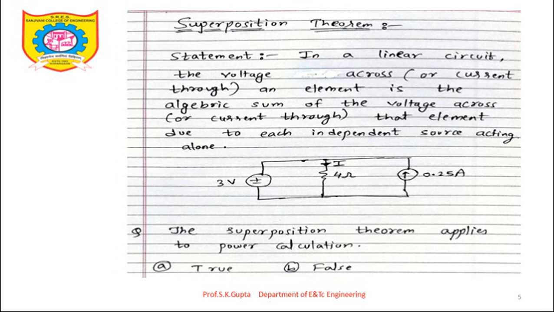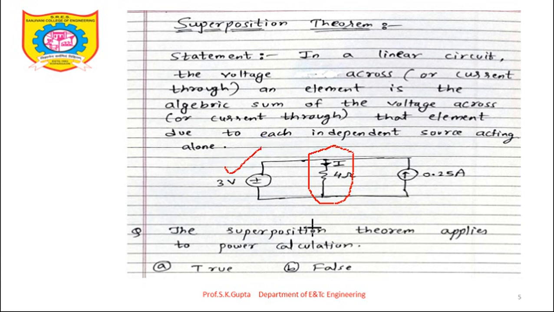The statement is, in a linear circuit, that means it is applicable only for a linear circuit, the circuit satisfying additivity and homogeneity, the voltage across, or we are measuring current through, an element is the algebraic sum of the voltages or currents through that element when each independent source is acting alone.